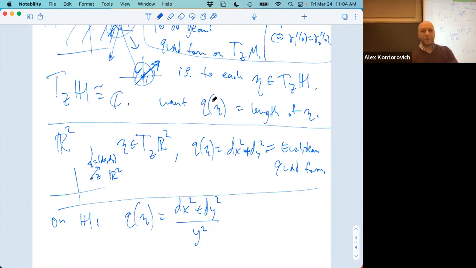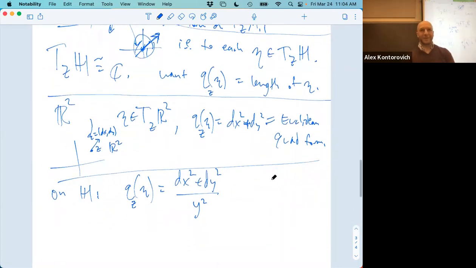So you get a different quadratic form. What Riemann says is that at each point, you have a different quadratic form that measures the lengths. This is the quadratic form at z. The y is the y of z. It has nothing to do with dy, which is the dy of eta. Does that make sense?